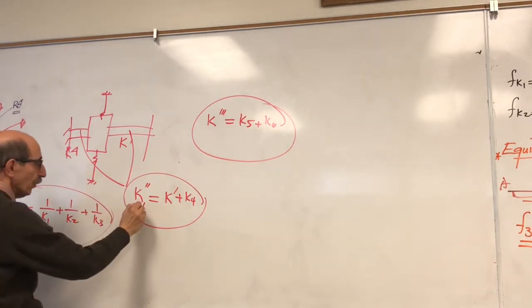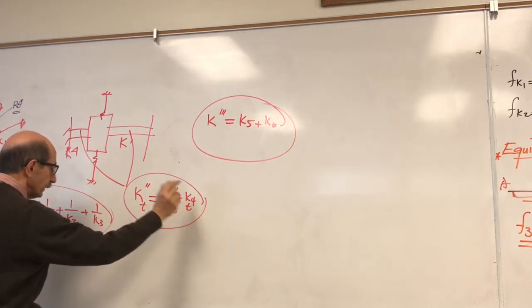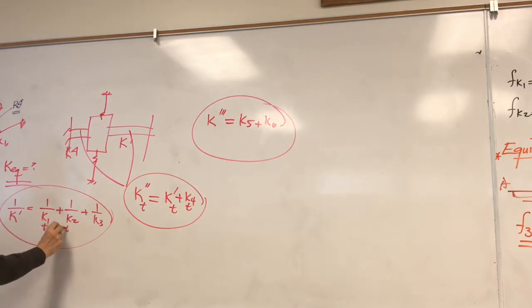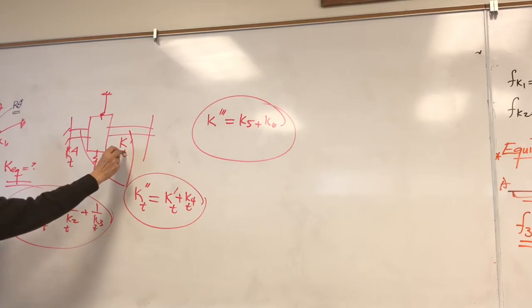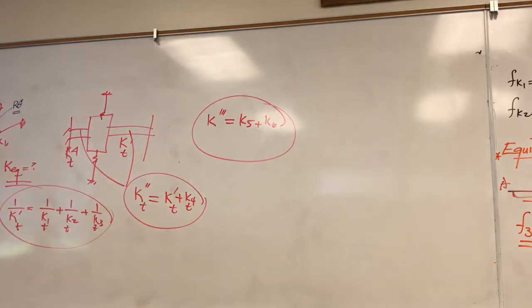By the way, these are all torsional springs. So I better put this KT here. But that one is a linear spring. But these linear springs, how can their effect be converted to a torsional spring?